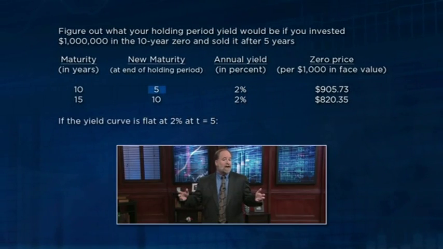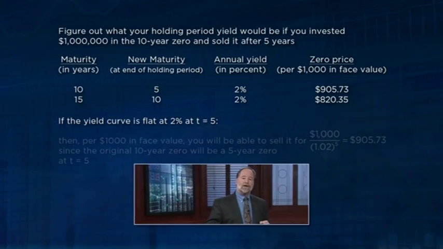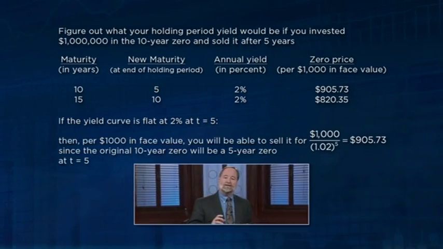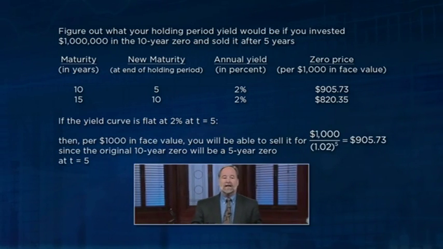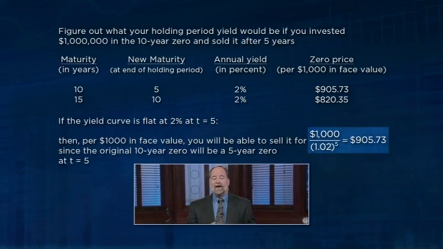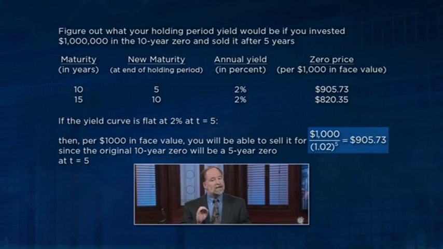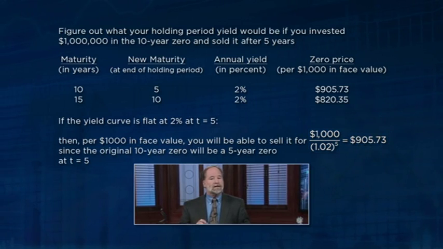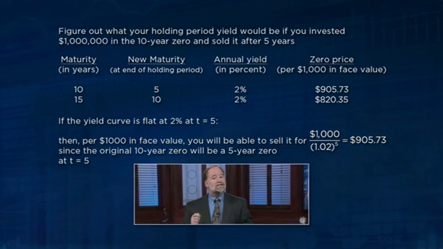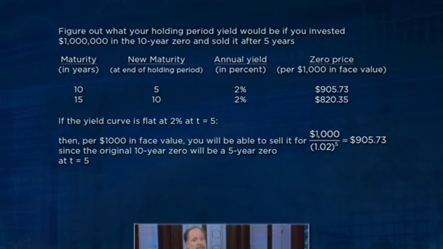So at t equals 5, let the yield curve be flat at 2%. If so, then per $1,000 in face value, you will be able to sell it for what? 1,000 divided by 1.02 raised to the 5th, or $905.73. Since the original 10-year zero is now a 5-year zero, you discount it back at 2% for 5 years.